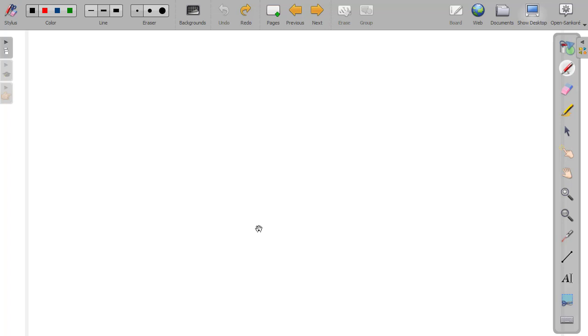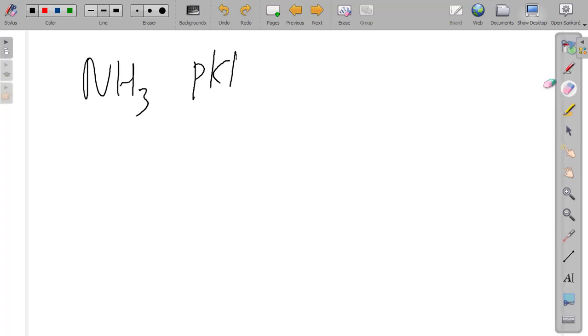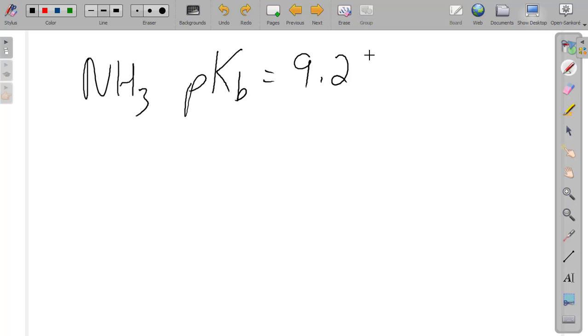It says that ammonia has a pKb value of 9.25. So for NH3, the pKb is 9.25. And again, because this all revolves around the Kw and pKw, then we can calculate pKa.